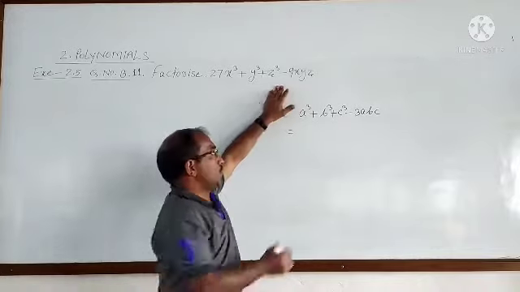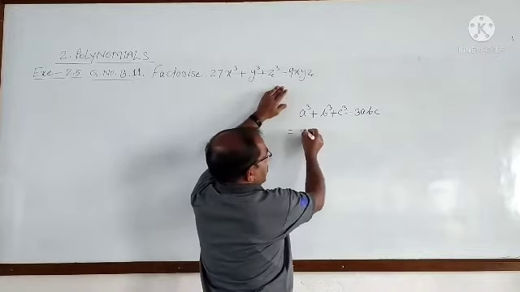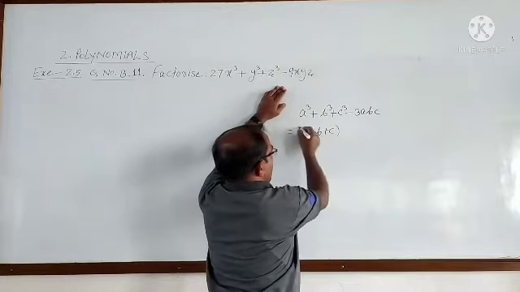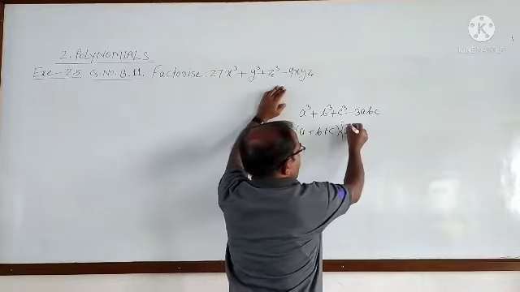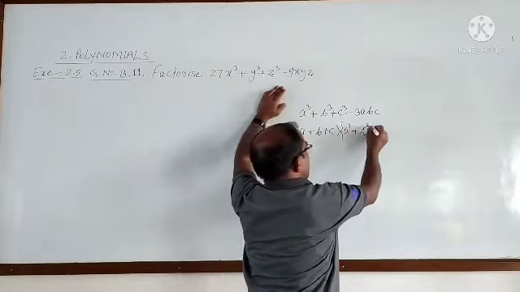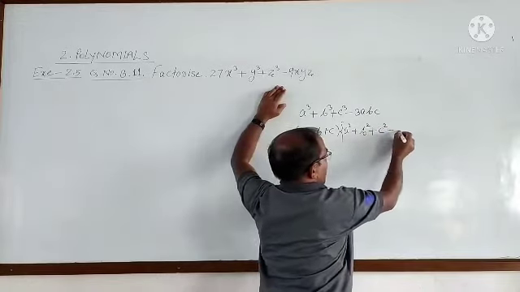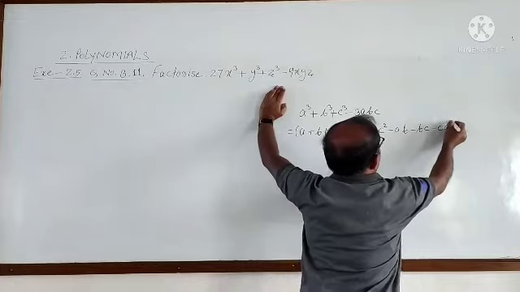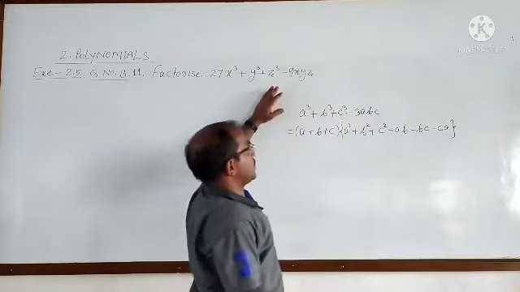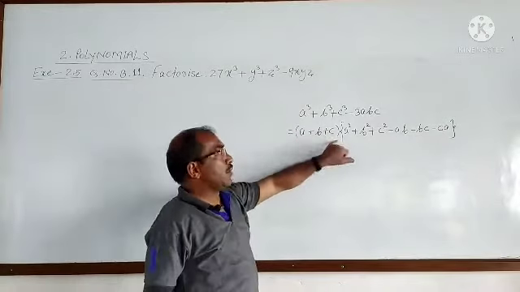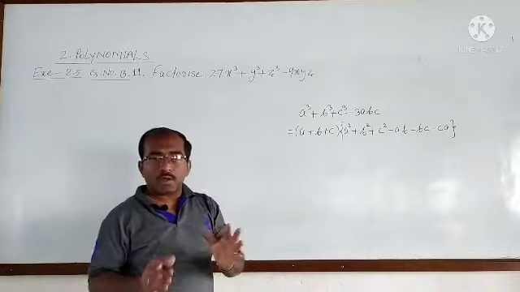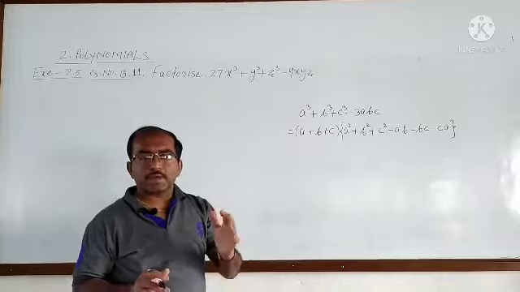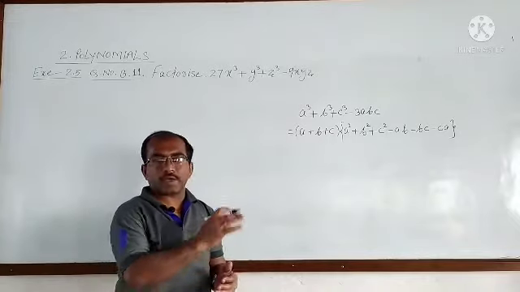What is this equal to? This is equal to a plus b plus c into a square plus b square plus c square minus ab minus bc minus ca. And then what do we mean by this? ABC or xyz, the first term, second term and third term. We should not set our mind with a or b or c or xyz.